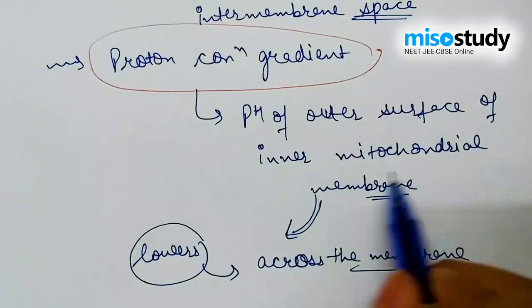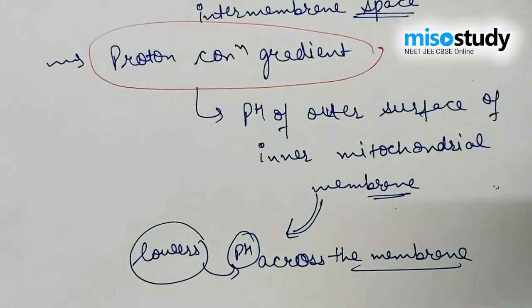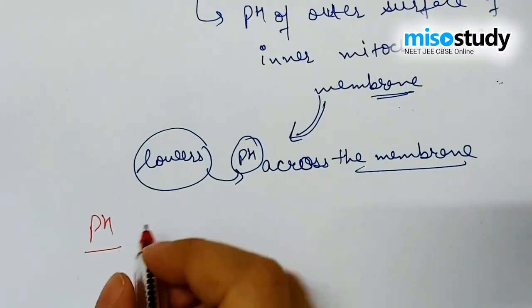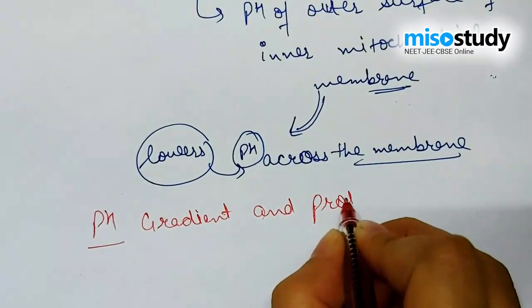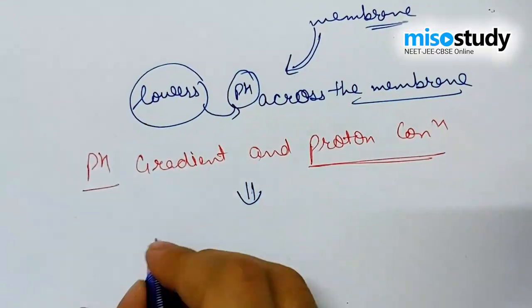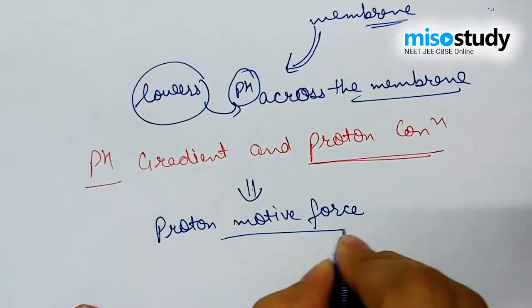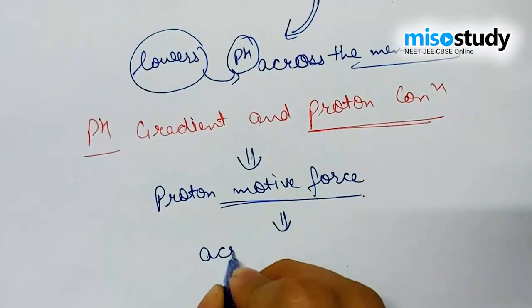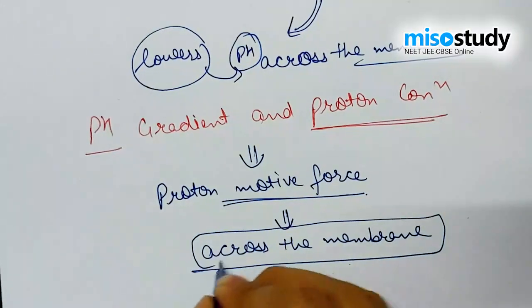Due to this, the pH gradient and the proton concentration build a proton motive force, also known as a proton electrochemical gradient, across the membrane, and that generally occurs in the intermembrane space.